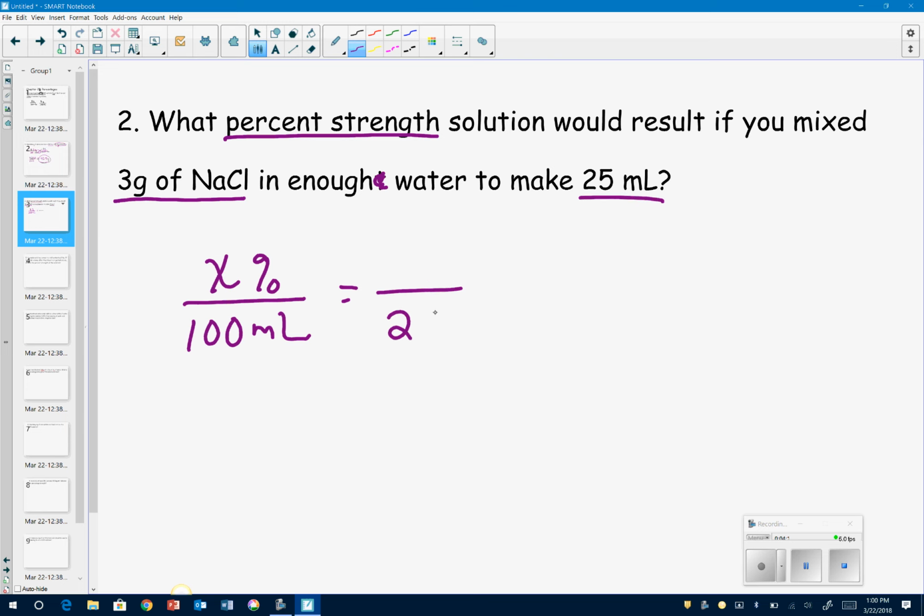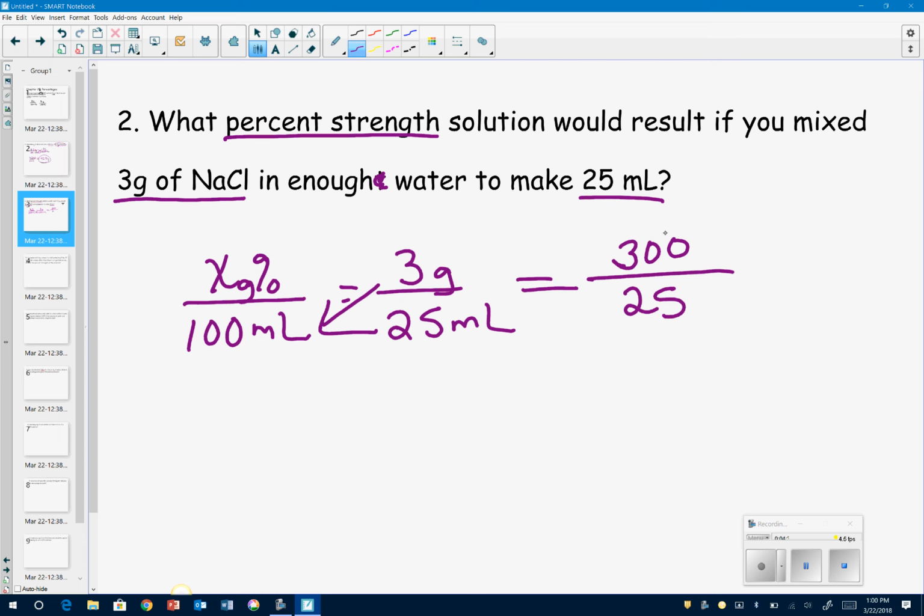So our 25 milliliters would go on the bottom, and our 3 grams would go here. And your percent is always grams. Okay, so you just cross multiply. 3 times 100 would be 300. It goes on top. Whatever you multiply the X by, 25 times x, would go on the bottom. So 300 divided by 25 becomes 12. So your answer is 12%.